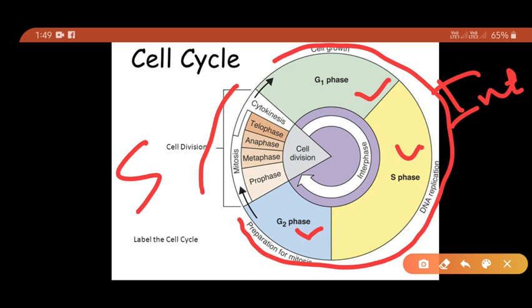Oh no, sorry, this smaller phase is known as the M phase, the mitosis phase. In the interphase there are three phases, G1, S and G2, and this whole process is known as the cell cycle. The cell division takes place in this part, the mitosis phase, which is known as the M phase.